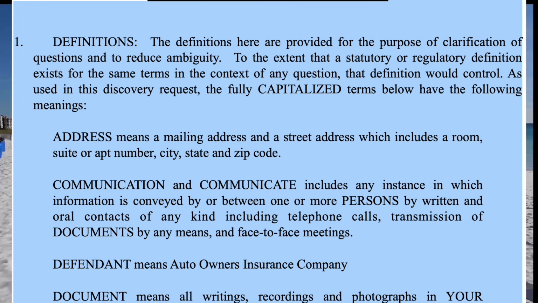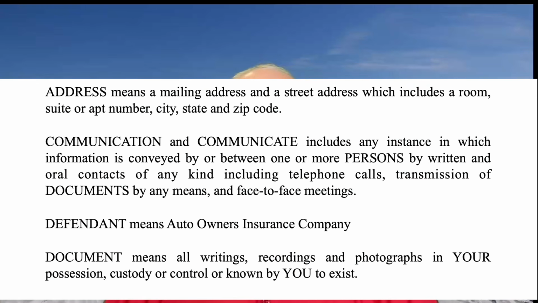Defendant, in this particular case, means Auto Owner's Insurance Company. Document means all writings, recordings, and photographs in your possession, custody, or control, or known by you to exist. You see how they're using these capitalized terms.